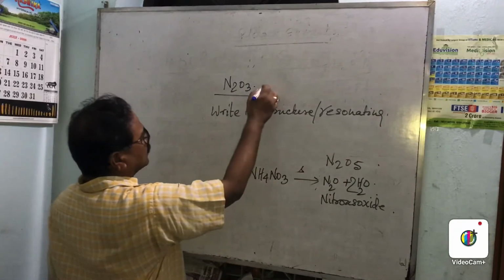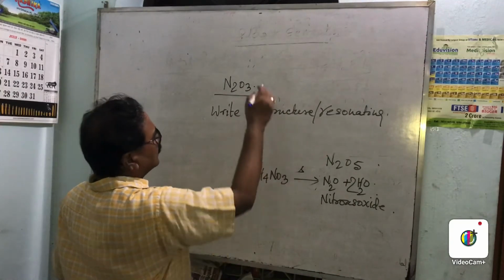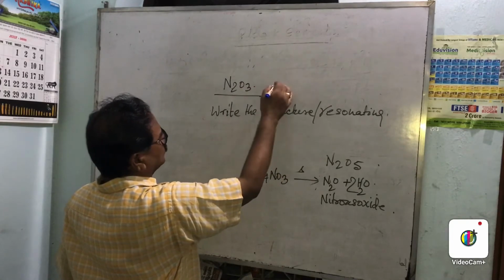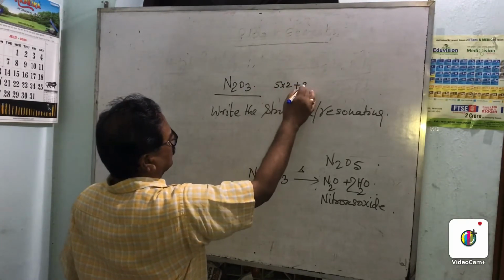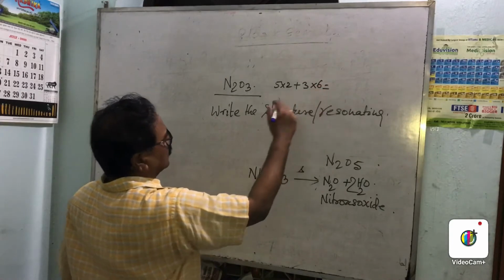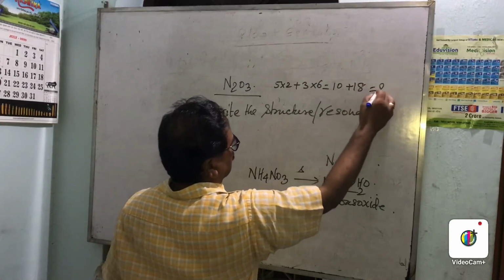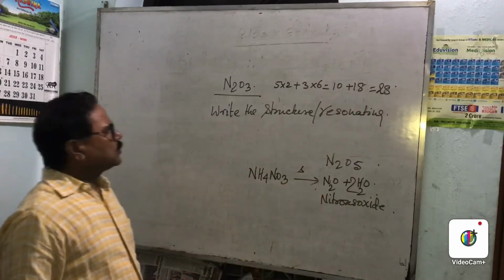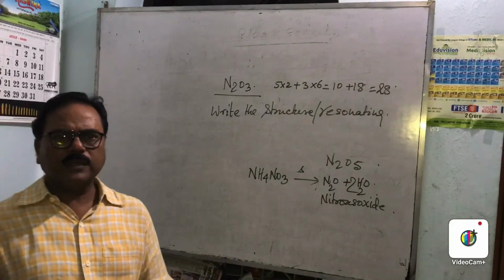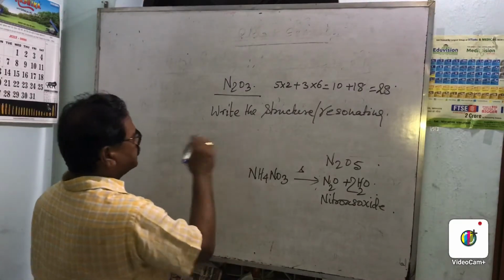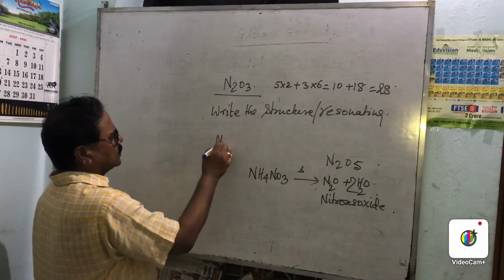Now, here the total number of electrons is 5 twos are 10 plus 3 into 6, so 10 plus 18, that is 28. We have to arrange the 28 electrons in such a way that each atom completes its octet.